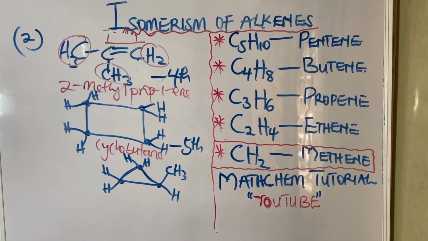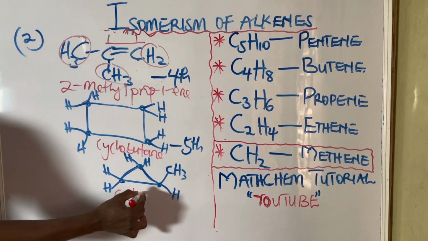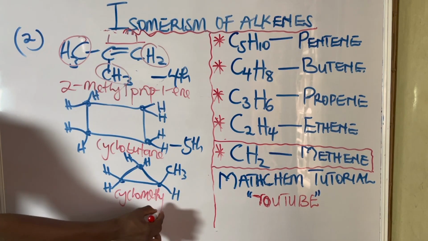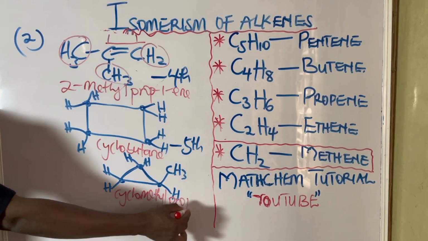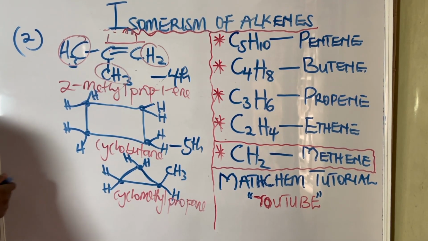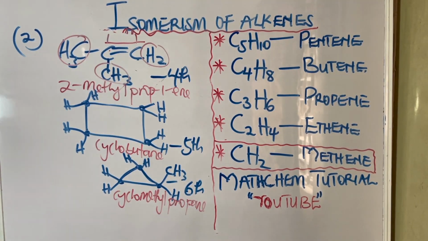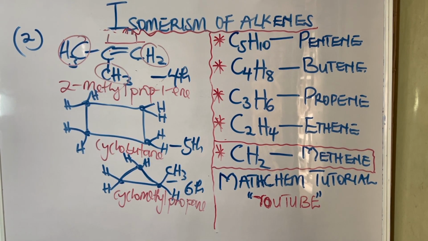So this is cyclomethylpropane. So this is the 6th isomer. So in a nutshell, it only has 6 isomers. So butane has 6 isomers.